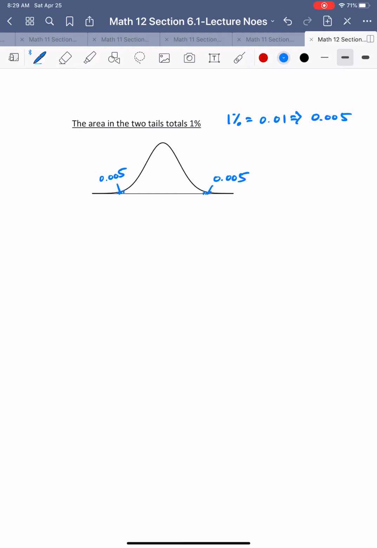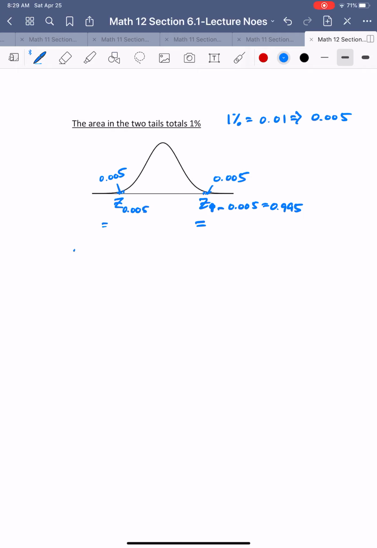Same thing. So we're looking for z sub 0.005 and z sub 1 minus 0.005, which is 0.995 as a z-score.